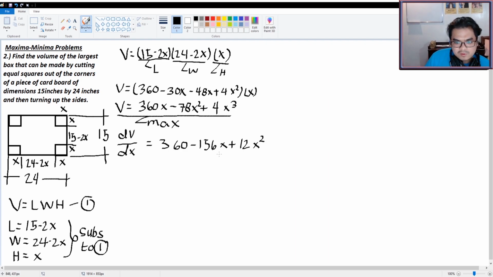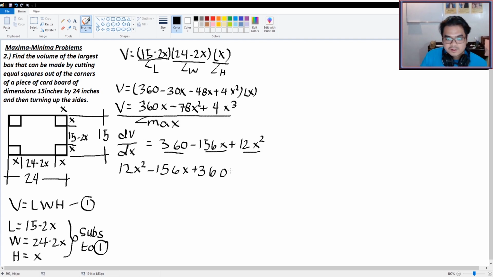I think this is all divisible by 12. So again, I will just rearrange this: 12x squared, then minus 156x, plus 360. And again, dV over dx, the first derivative, must be equal to 0.